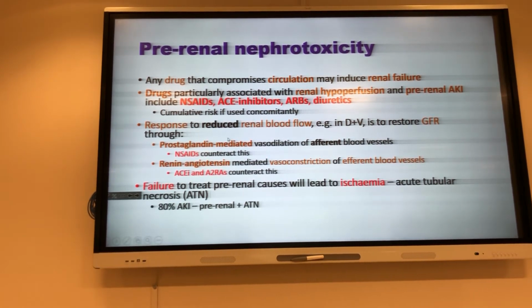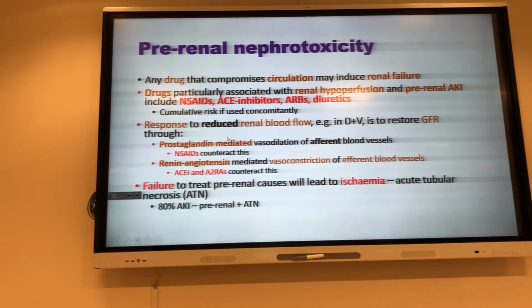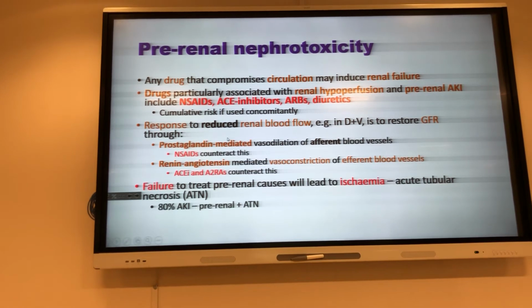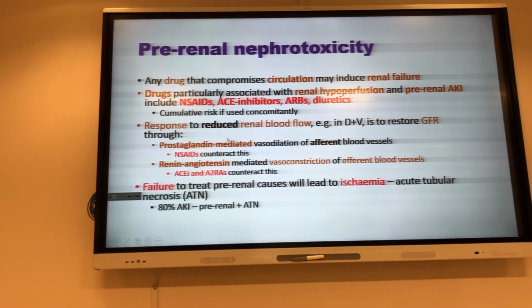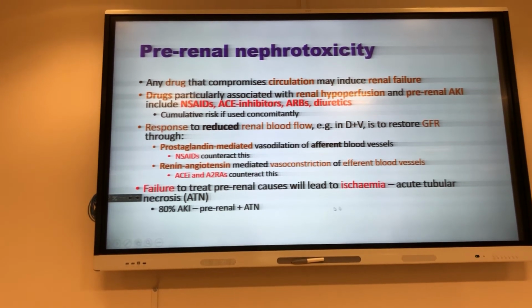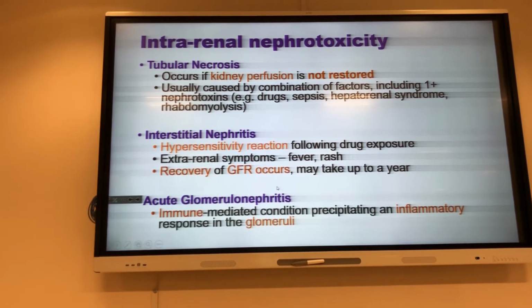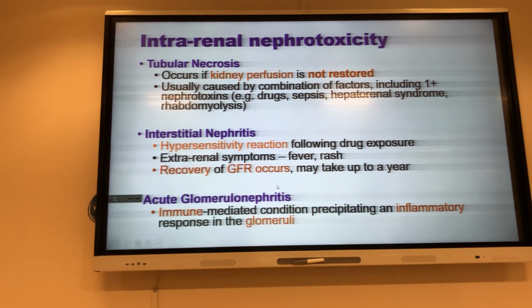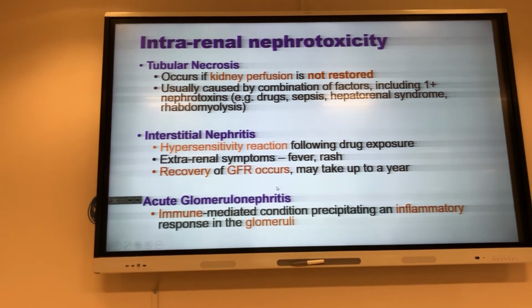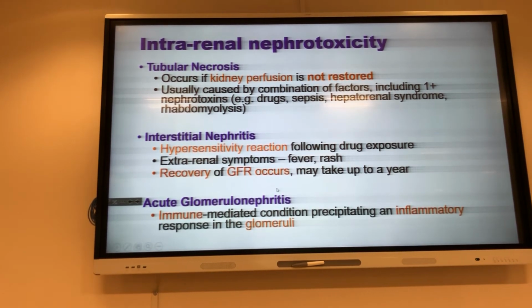If we fail to treat the pre-renal causes, this can lead to ischemia and later to necrosis, or acute tubular necrosis. And 80% of AKIs actually result from pre-renal causes. Tubular necrosis is the latest stage, so if it's not treated, it can lead to intrarenal nephrotoxicity.